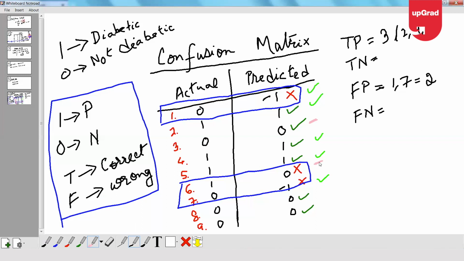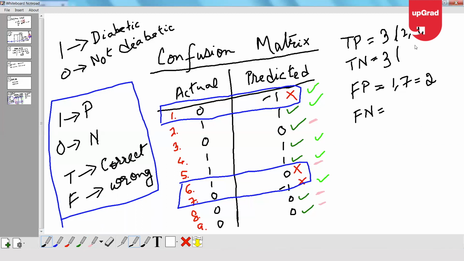Negative prediction, negative prediction, and negative prediction. So these are the 4 negative predictions we made. Now out of these negative predictions, how many are true? How many are correct? This is correct, this is correct, and this is correct. So true negatives are 3.